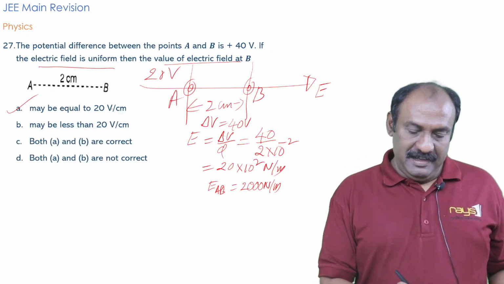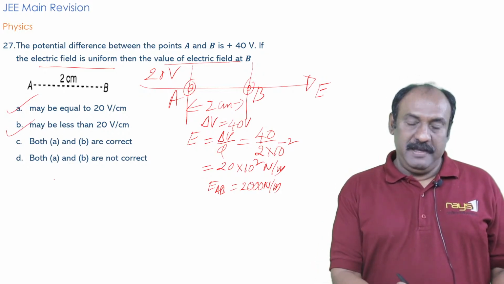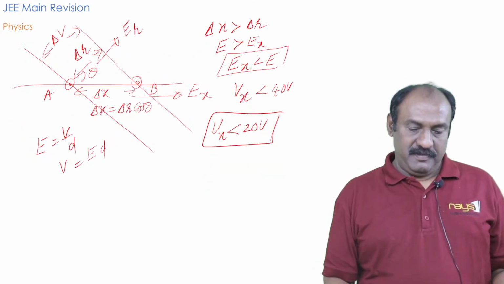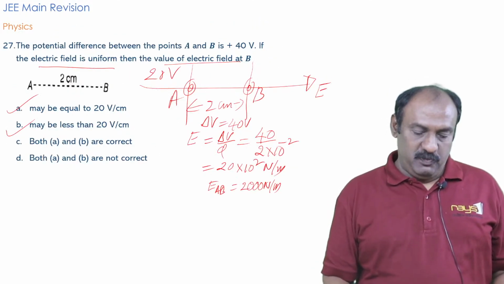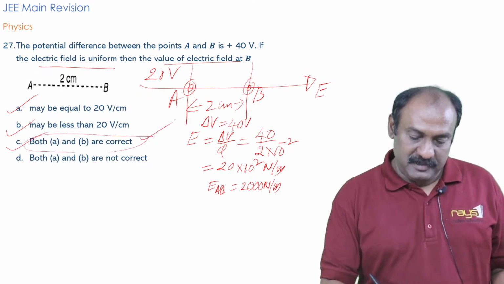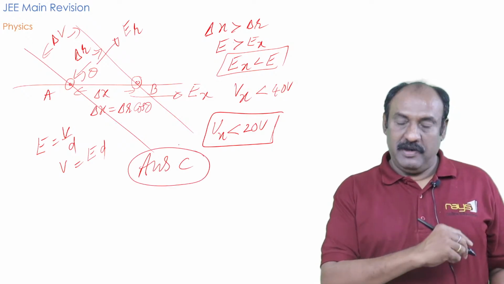So maybe less than 20 volt per centimeter, maybe equal to 20 volt per centimeter by assuming like this. Okay, so for this question the answer is both A and B are correct. So the answer is C for this question.